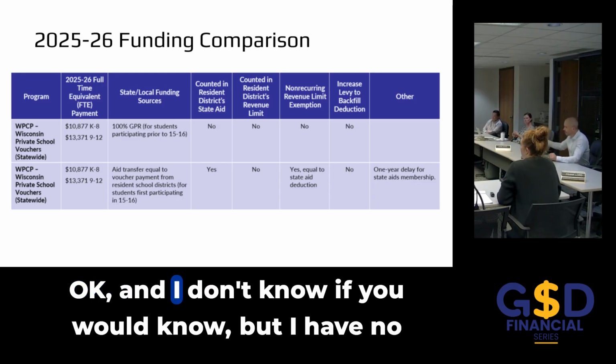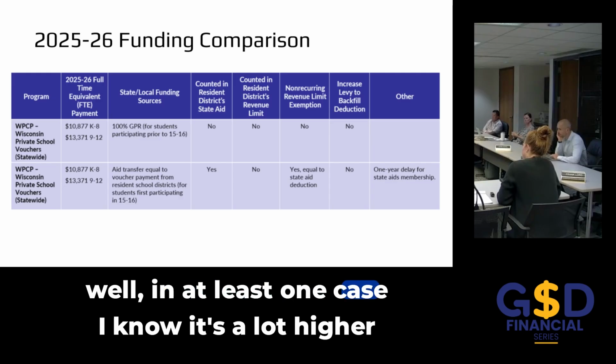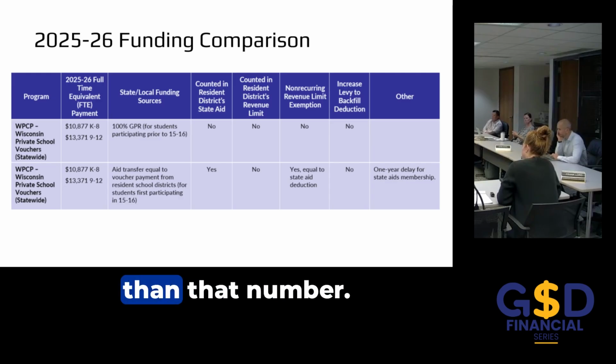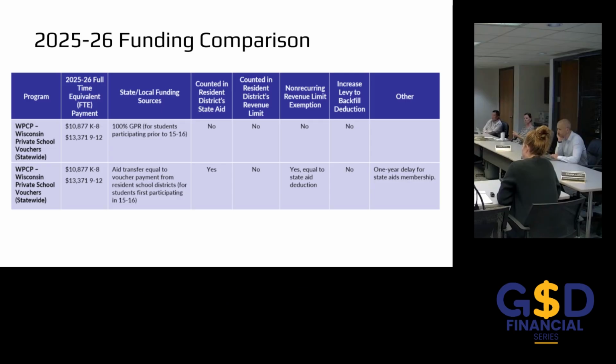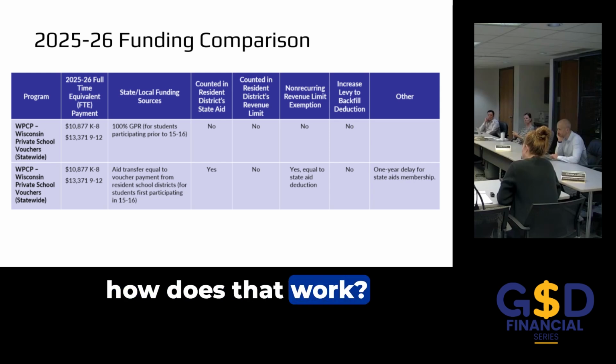Okay, and I don't know if you would know, but I have no idea what private school tuition is, but I think, well, in at least one case I know, it's a lot higher than that number. So do the private schools kind of get screwed when they take voucher students, or how does that work?